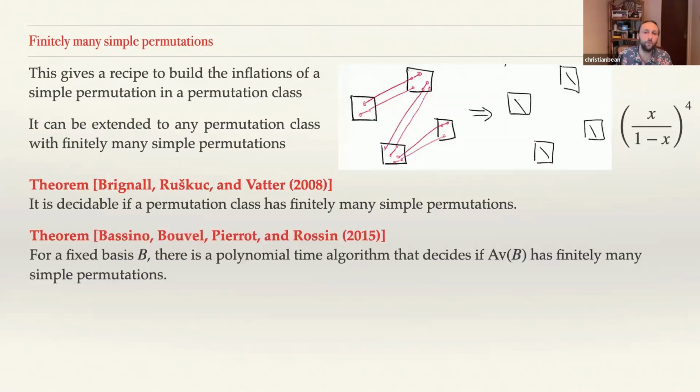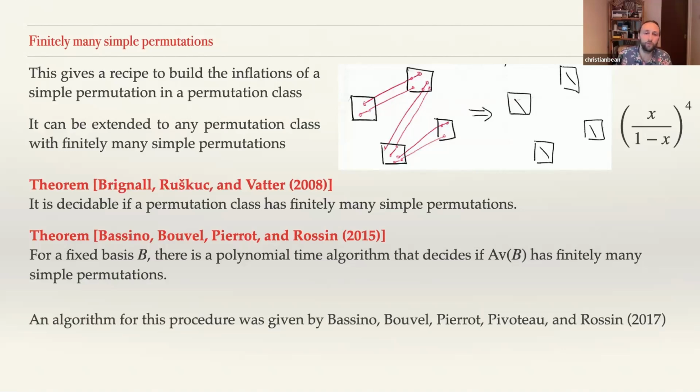But then, even better news, Bassino, Bouvel, Pierrot, and Rossin came along and gave us, for any fixed basis, a polynomial time algorithm that actually decides if some permutation class has finitely many simple permutations. It's all good and great something being decidable, but without the algorithm, what use is that? It's even better that we have the algorithm, which is what they provided us. And moreover, in this line of work, when Pivoteau came along and joined in, they then added an algorithm for the procedure for finding the generating function as well.